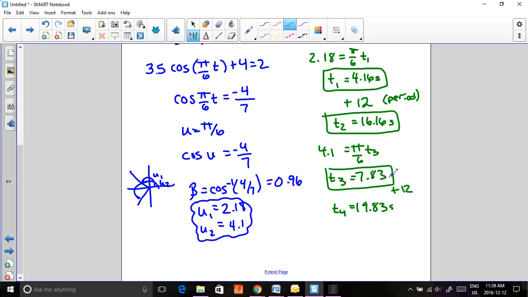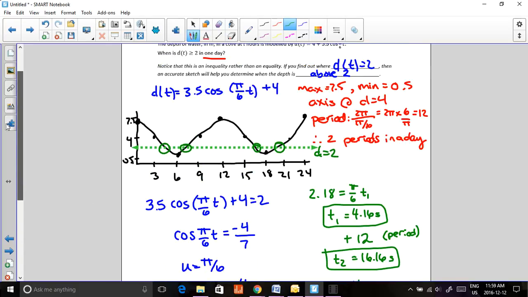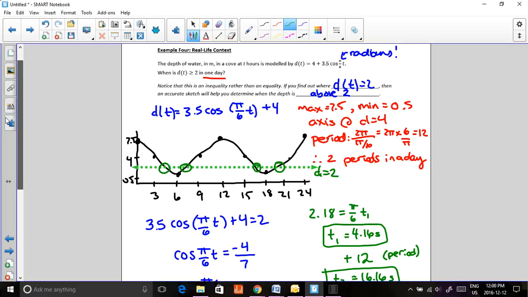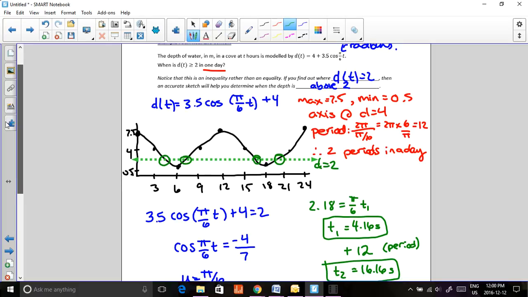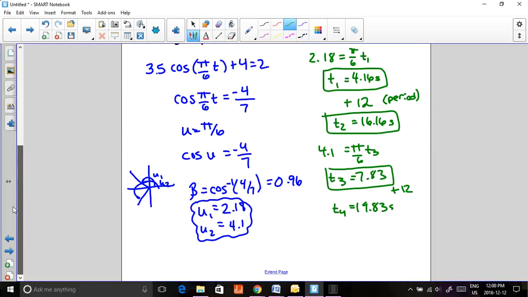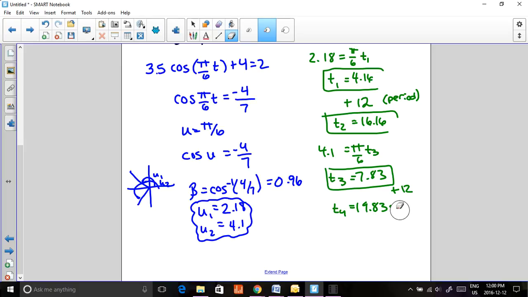Sorry, what is this? t is in hours. Okay, so like this is the time. So I'll take out the units there. Okay, so those are our 4 solutions, but now we have to come back and look at the inequality.